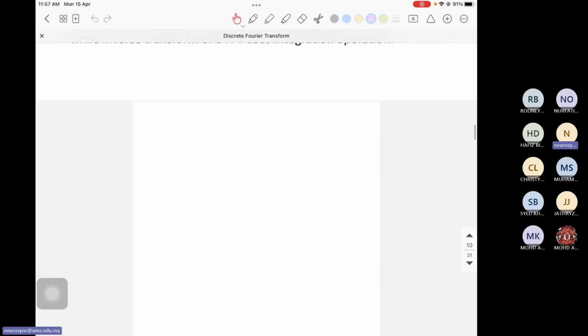Suppose I'm having the sequence x of n, and suppose this x of n is delta of n. Delta of n is what? Impulse signal. This impulse signal is basically having value 1 at n equal to 0 only.